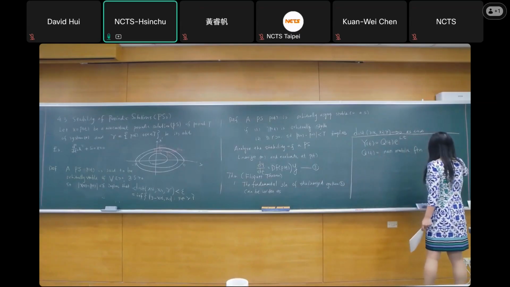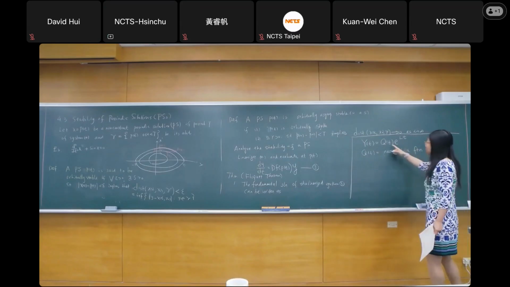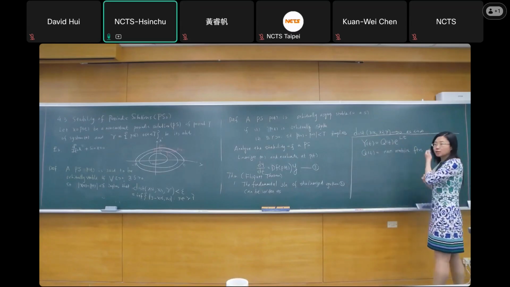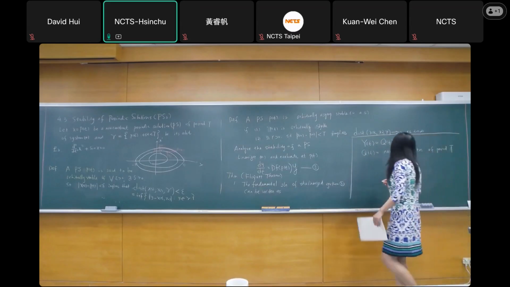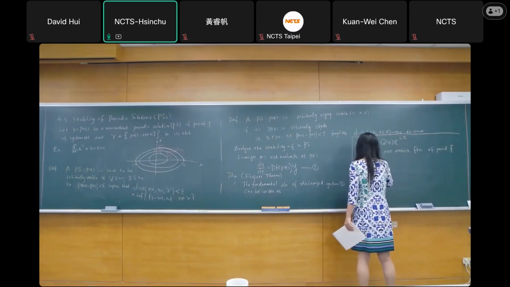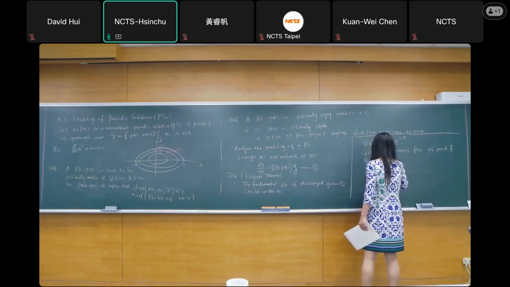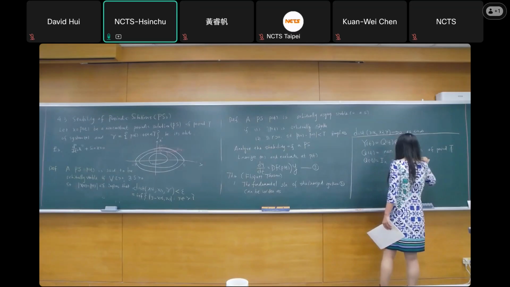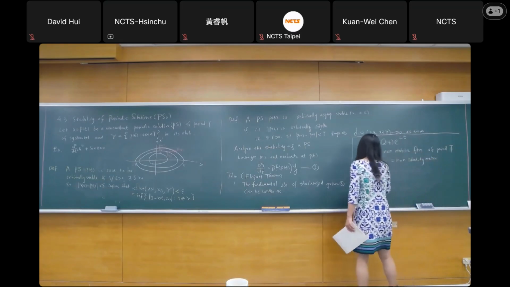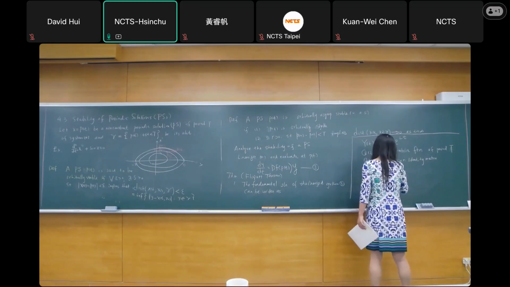It's periodic in terms of t, but for fixed t it is an n by n matrix. And Q(t) at 0 is the n by n identity matrix. And L is an n by n constant matrix.